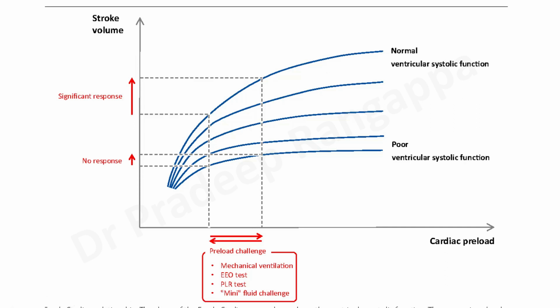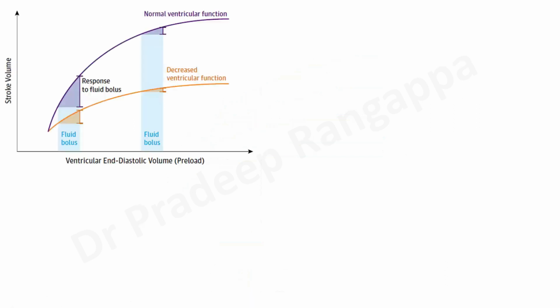It means if you have a healthy heart, your response to the fluid bolus is very good. But if you have a weak heart, the response to the fluid bolus will be suboptimal. And this is shown again in this beautiful picture, where the red one is LV dysfunction, where the improvement in the stroke volume with fluid is blunted, as opposed to the patient with a normal LV function, where the stroke volume response to the fluid is much better.